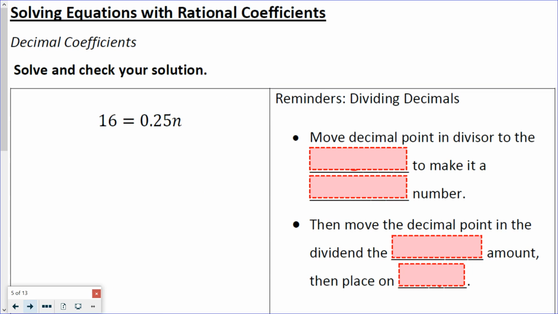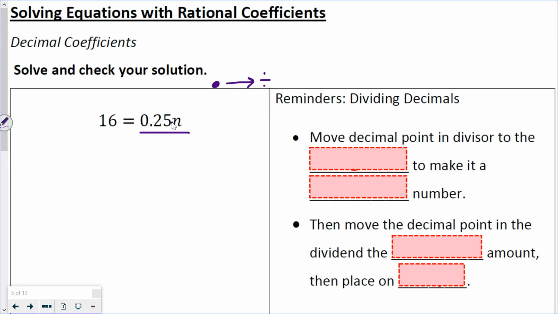Okay, so first let's talk about the decimal coefficient. When I go to solve this, I see that it is multiplication: 16 equals 0.25 times n. Remember, when we have multiplication, we want to use the inverse operation of division.